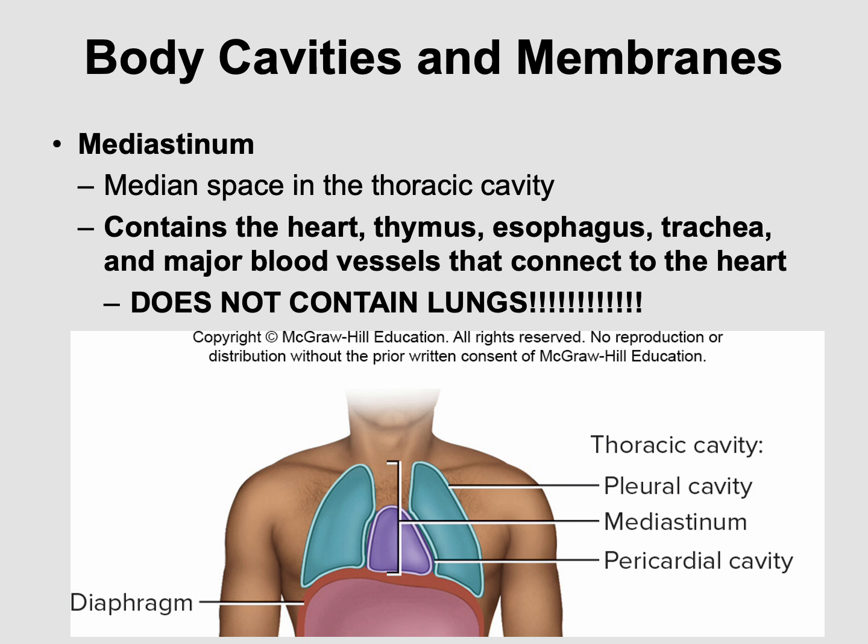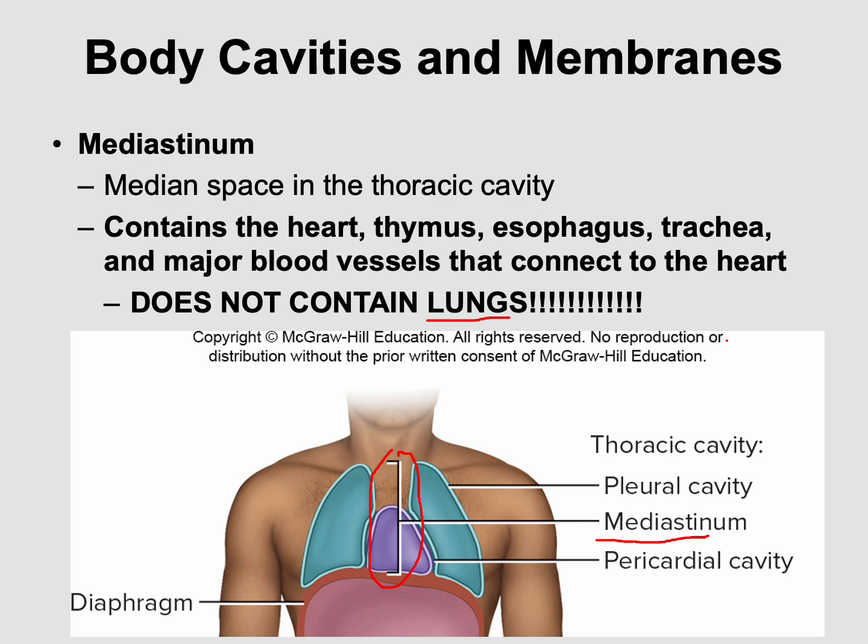It does not contain the lungs. Very, very important. It doesn't contain the lungs. The mediastinum, right here in the picture, you can see it. It's this cavity in the middle, just in the middle of the thoracic cavity.